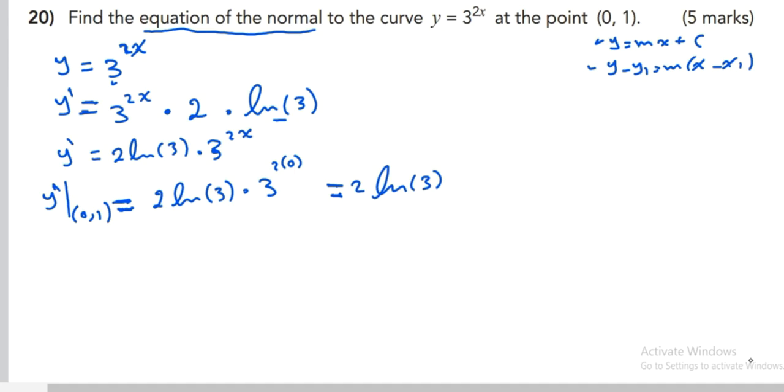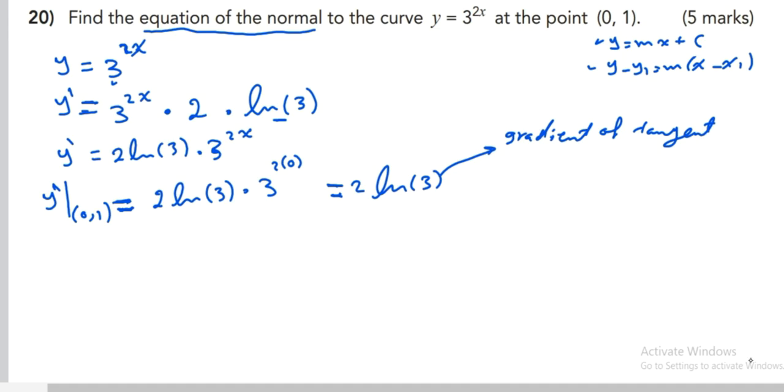Usually the value you will get by substituting in the first derivative is the gradient of tangent. So substituting by the point in the first derivative gives the gradient of tangent. If you want the equation of tangent, you will take the same value in the place of m, in this form or in this form.